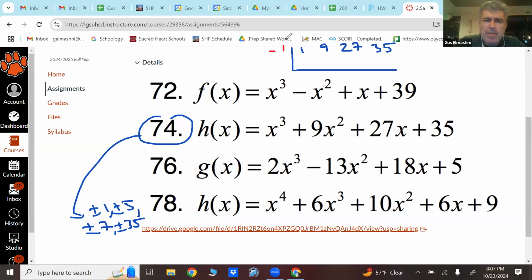So let's start with -1, maybe, see if that works. Yeah, it's not going to work. Let me try -5. I think it's going to work.